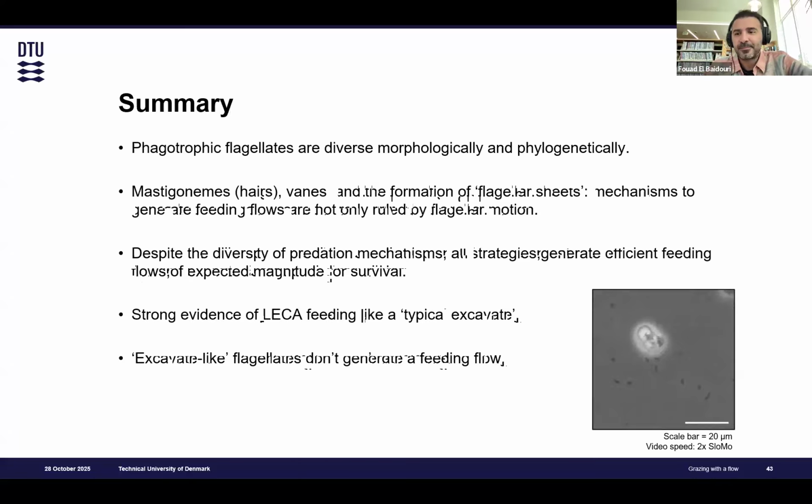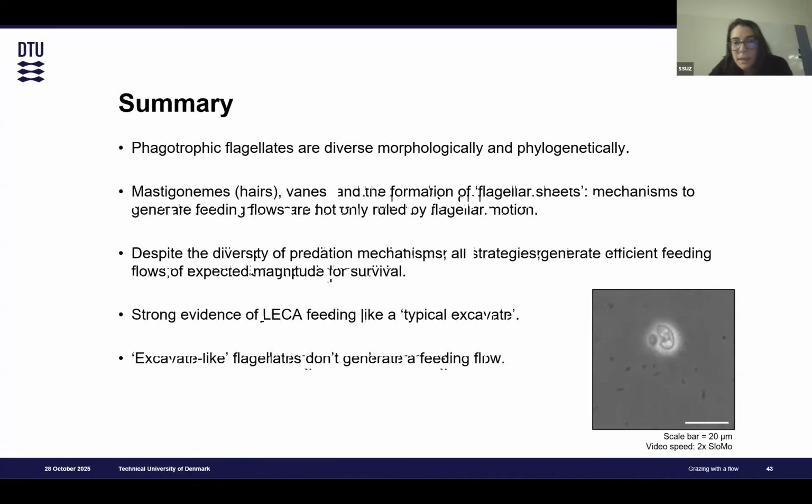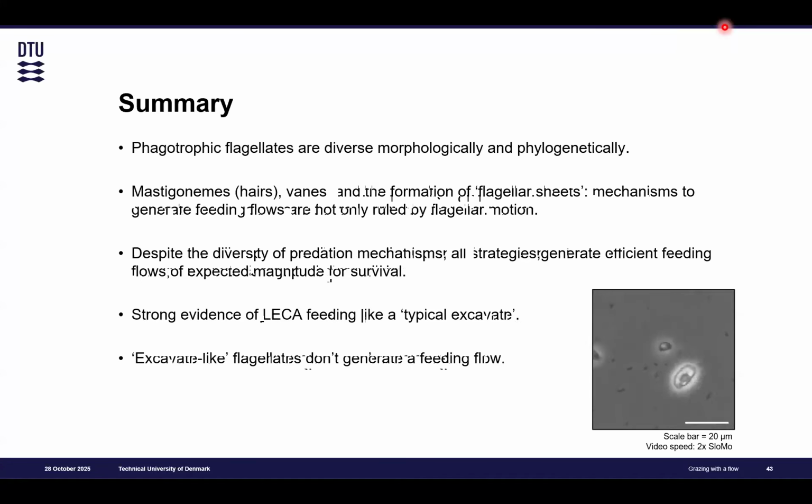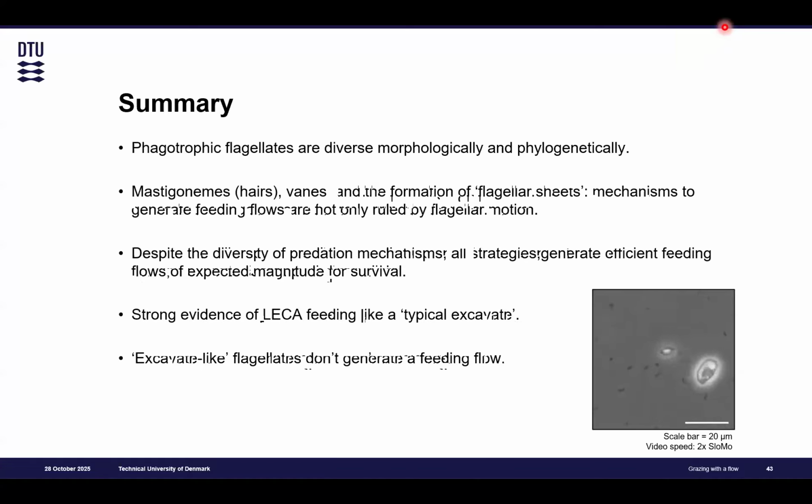Marco: Hi, Sei. Very nice talk. About the mastigonemes, can you hear me? Okay. The mastigonemes that you have been referring to are quite stiff, right? But not all microorganisms that have mastigonemes have stiff ones. For example, Chlamydomonas has more floppy ones, with a slightly different structure, I guess.